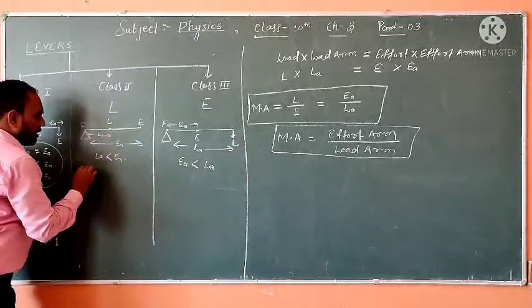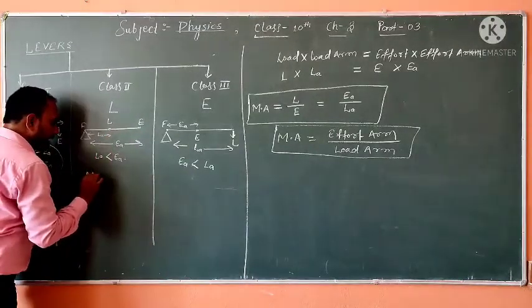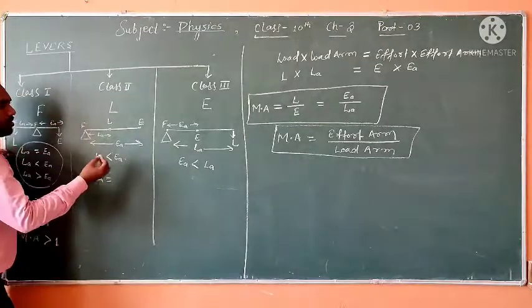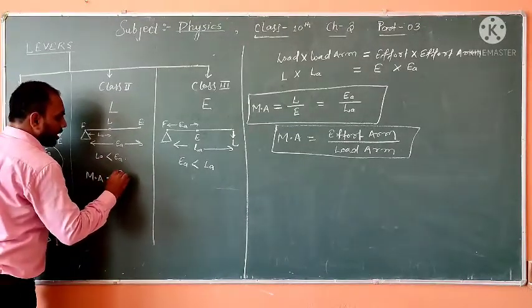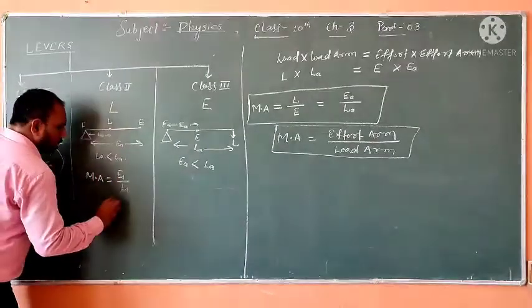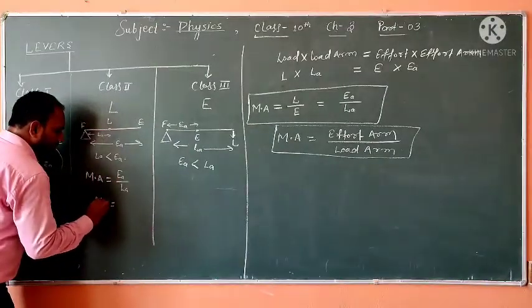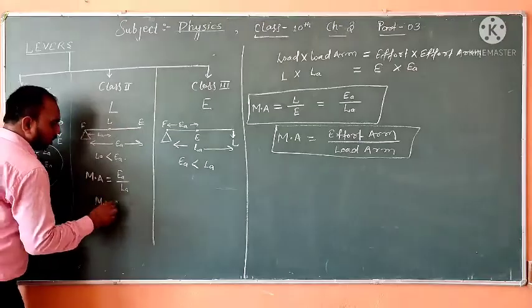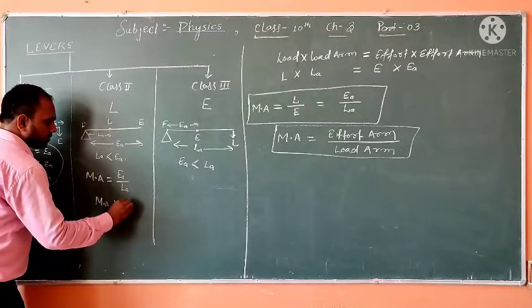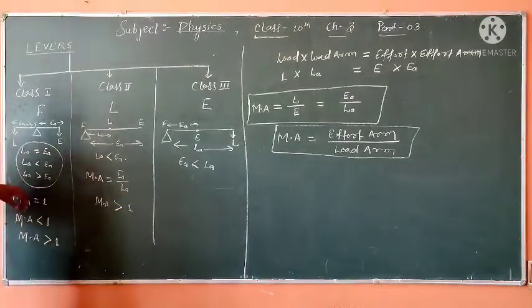In class 2 type of lever, mechanical advantage, as we know, is effort arm upon load arm, so it will always be greater than 1.